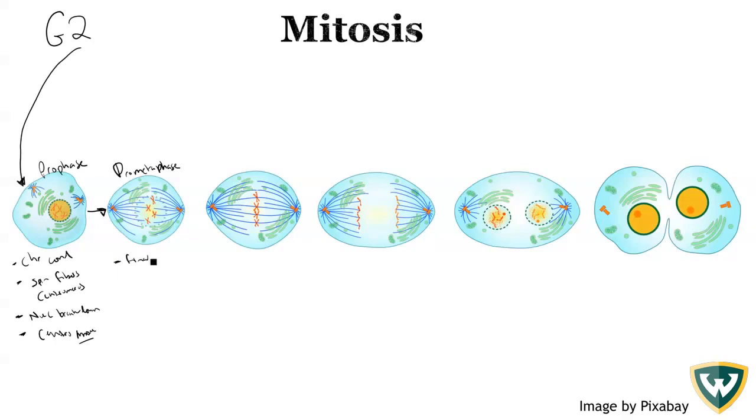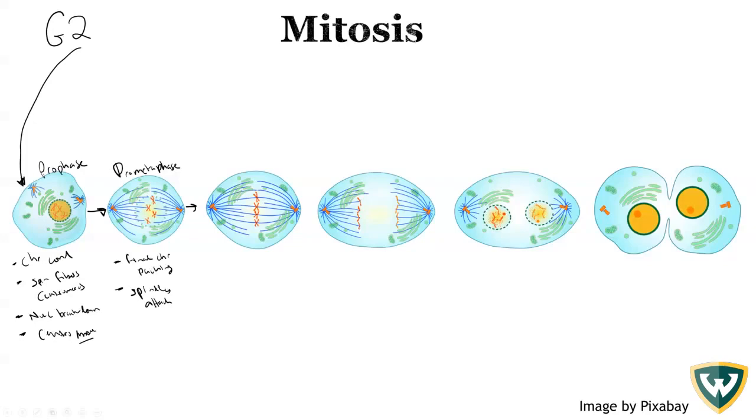Additionally, these things called kinetochores begin to appear at the centromeres, and those facilitate the pulling apart of the actual chromatids to each side of the cell, which we'll get to in the next phase. And then the mitotic spindles come out of the centromeres and begin to attach.